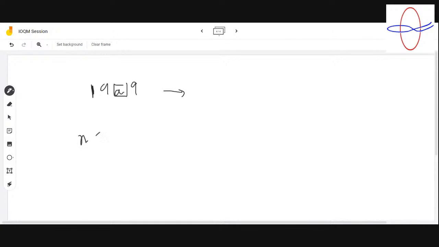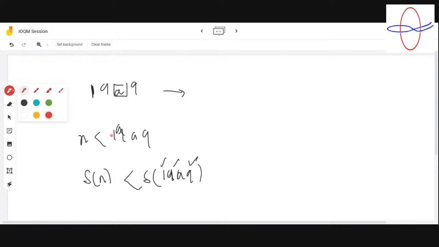If you take any number n less than 19A9, observe that S of n must be less than S of 19A9. Why? Because 1, 9, and 9 are the largest. So any number less than this must be smaller individually in the digits. Therefore S of n must also be less than that. That's the idea. So if n is less than 19A9, then S of n must be less than that.